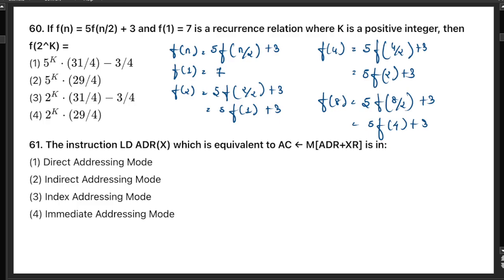Now if we generalize the pattern, this is the solution for question number 60 itself. I am writing here.